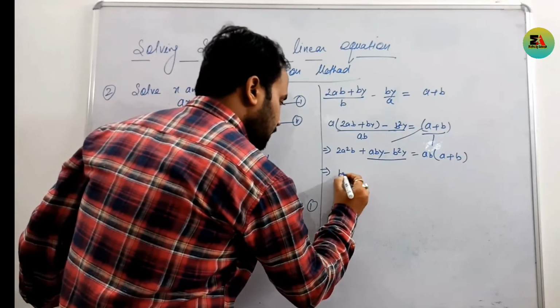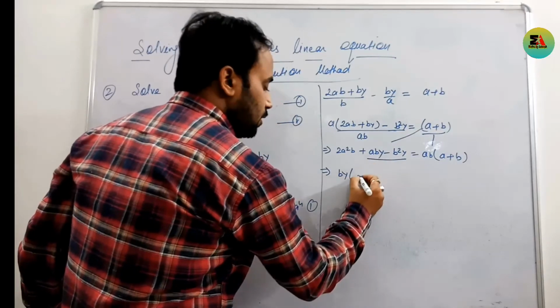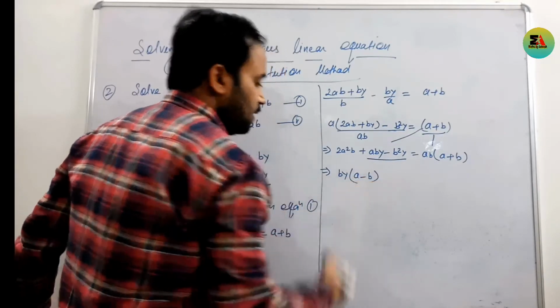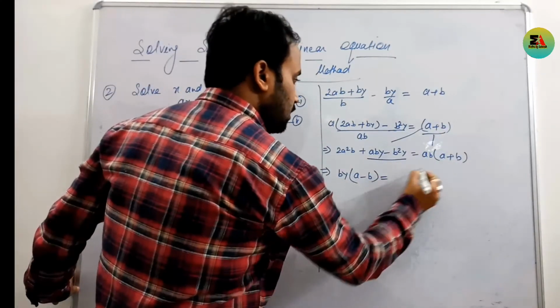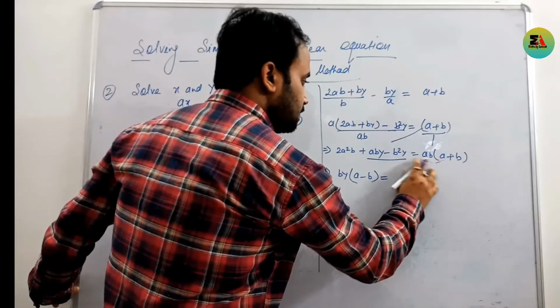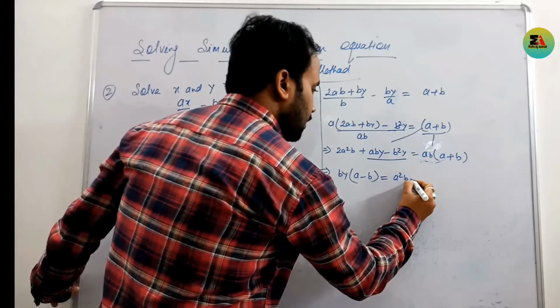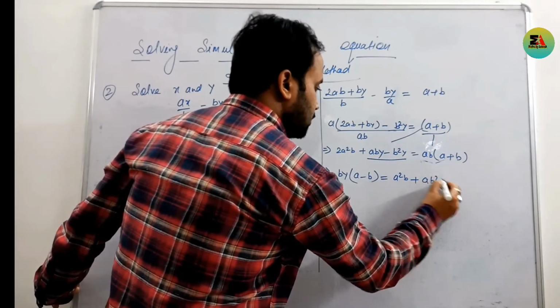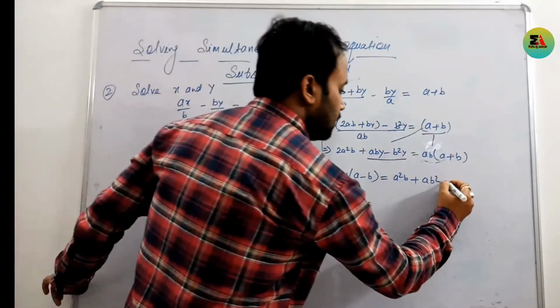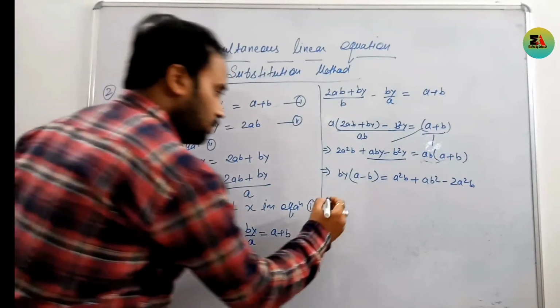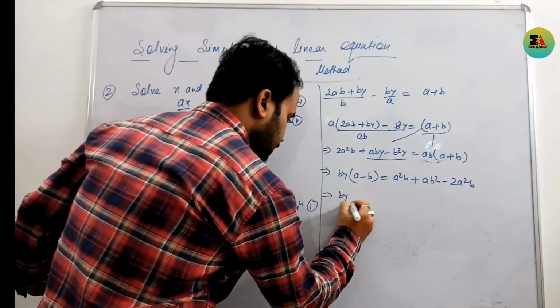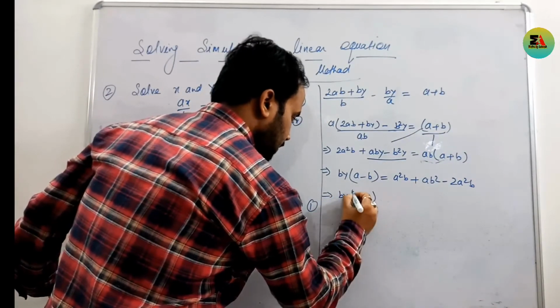We take by as common, and it becomes (a − b). Clear? Now the whole constant terms come here: this becomes a square b plus ab square, and the 2a square b comes here, so it becomes minus 2a square b. Now this is by(a − b).